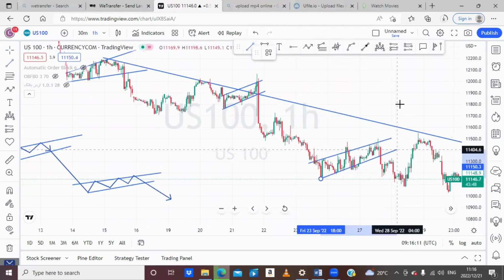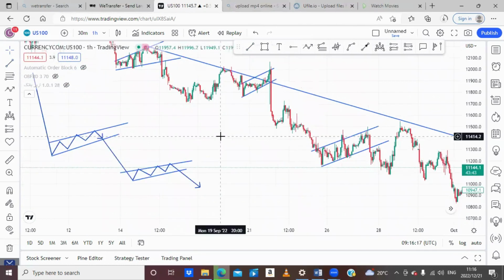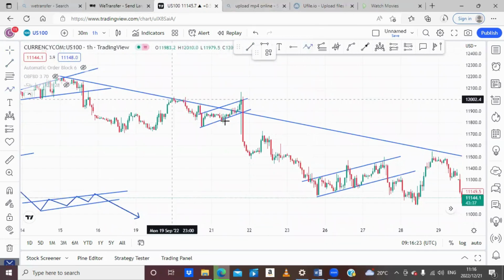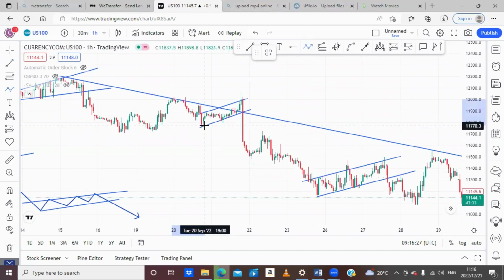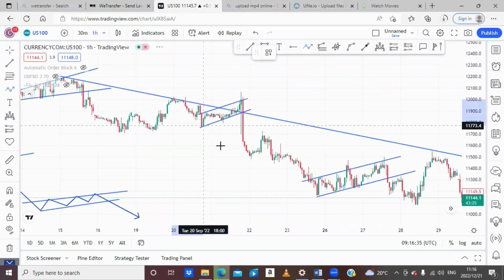Understand? So on smaller time frames like H1, M30, you'll see this movement clearly. So these are the kind of trades you can take easily, with no hassle at all. So you can take these trades easily.